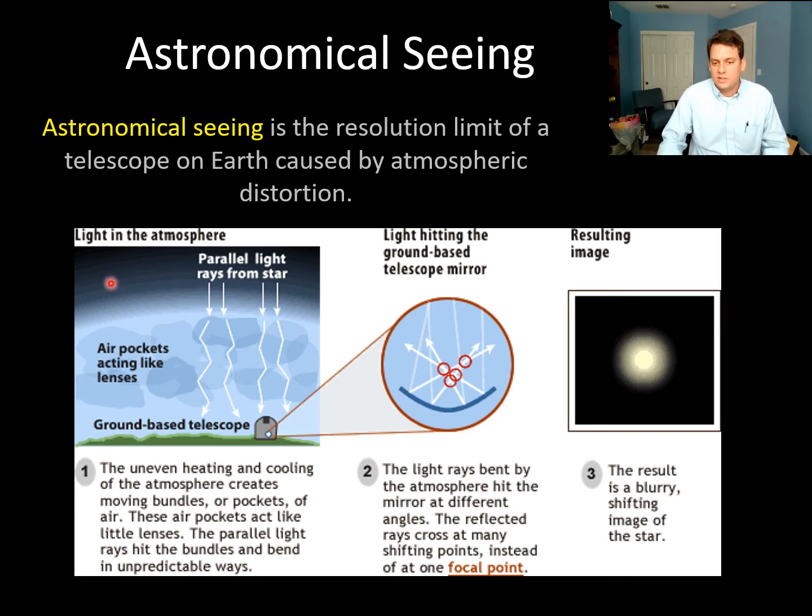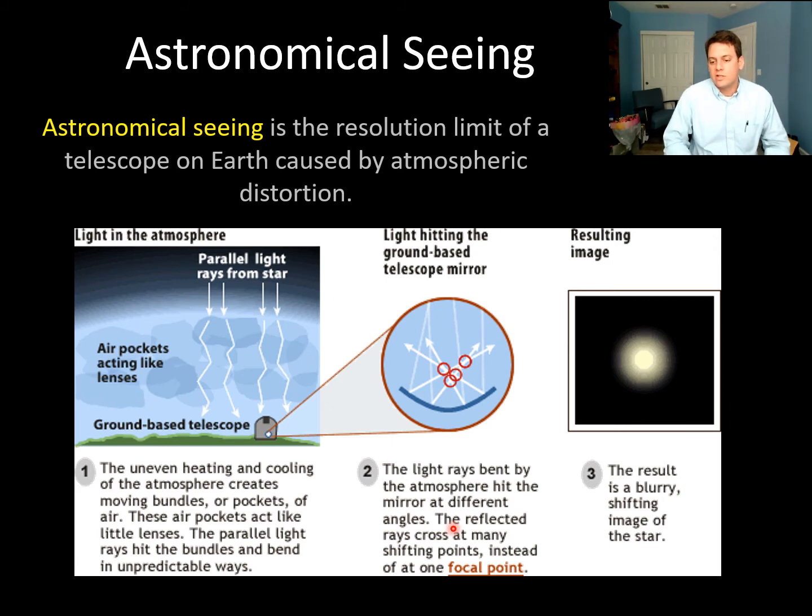And the result is that when they finally hit your mirror, or go through the lens in your telescope, they're not actually parallel anymore. And so instead of having a focal point, now you don't. Or not a perfect one, right? Because the rays are still mostly parallel, but not completely.